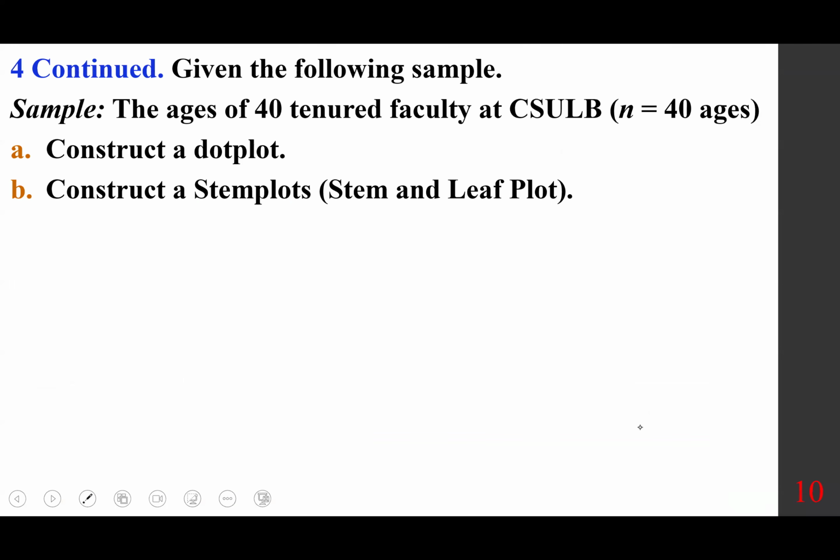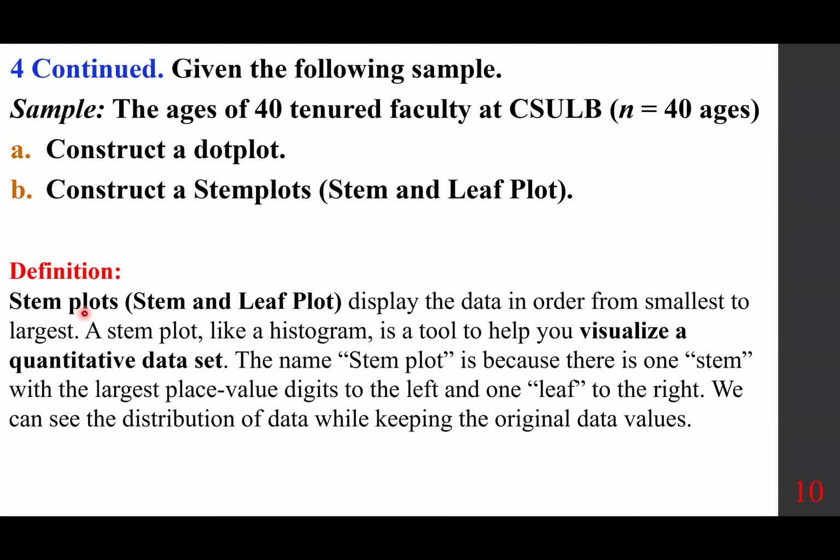So the second part was stem and leaf. And what about that? Let's quickly look at its definition. Stem plots, also known as stem and leaf plots, display the data in order from smallest to largest. A stem plot, like a histogram, is a tool to help you visualize a quantitative data set.